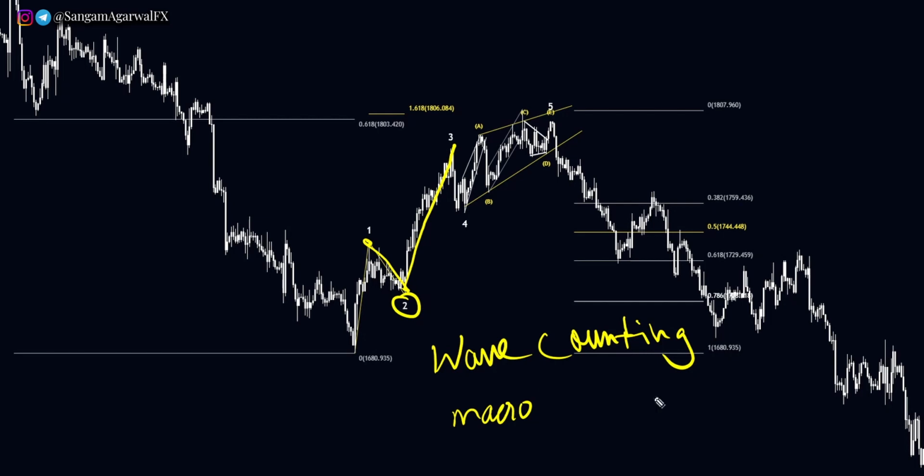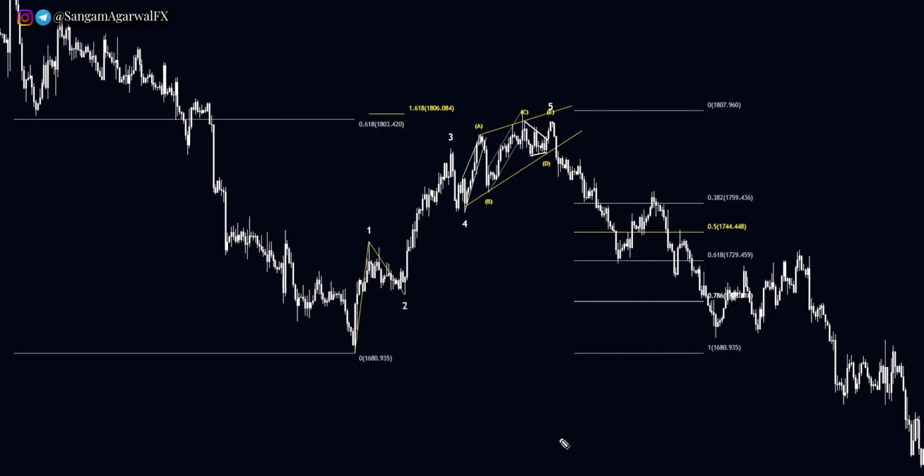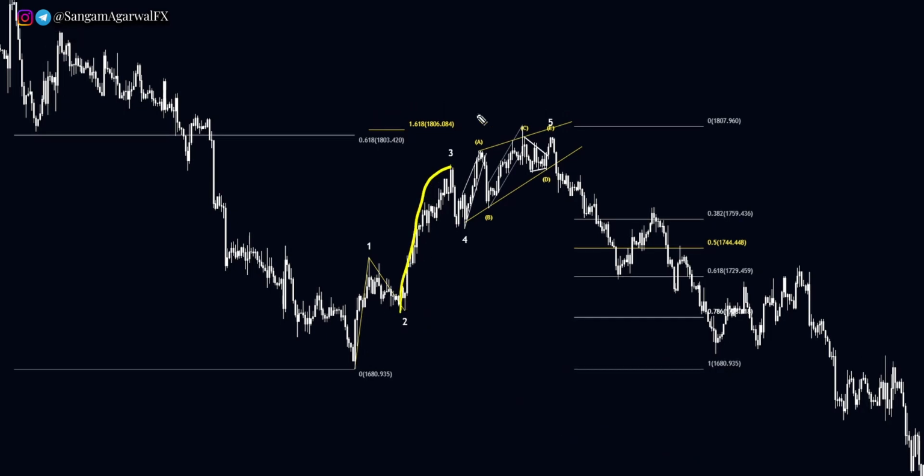When both go in the same direction, you trade, and when both go in opposing directions, you only create confusion for yourself. So after the FOMC meeting, the third impulsive wave came and it came back, and that was our fourth wave correction.